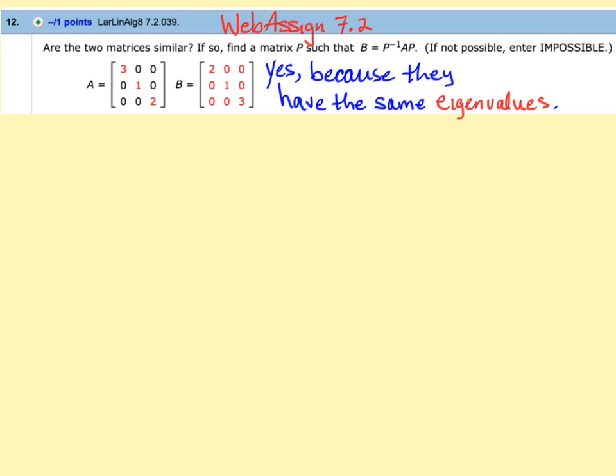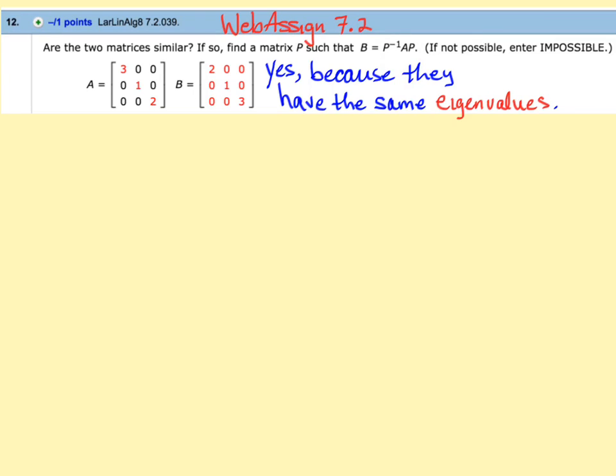The second part says if they are similar, find a matrix P such that the matrix B is equal to P inverse times A times P. So we know from the proof of theorem 7.5 that if the matrix A has three linearly independent eigenvectors, then we can get the matrix P by lining up the linearly independent eigenvectors as the columns.